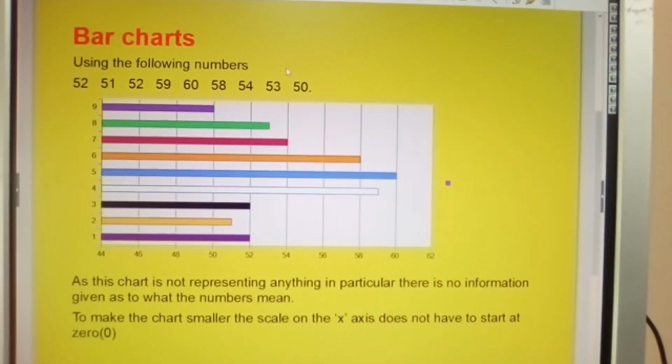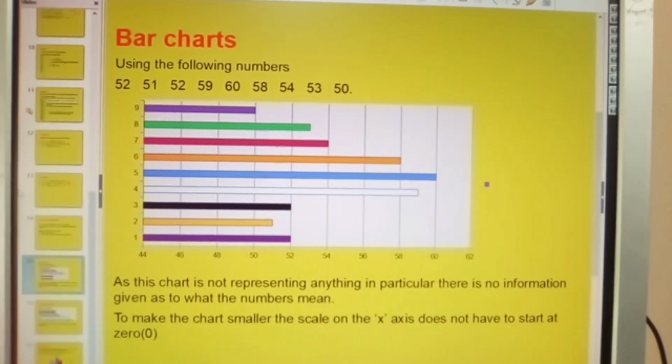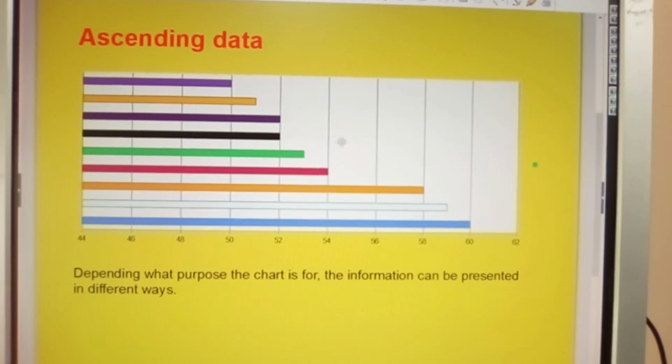When you're doing a bar chart, make sure your bar chart reflects the information you're trying to illustrate as accurately as possible. This one again, not too happy with.